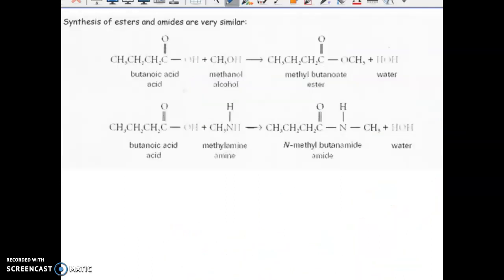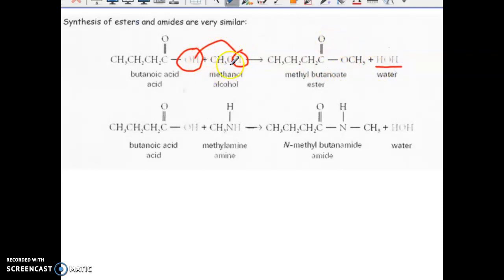Okay, so this is just a comparison of the ester reaction to the amide reaction, just to show you how similar it is. Here you have a carboxylic acid. Here you have the alcohol. Remember, the OH from the acid and the hydrogen on the OH from the alcohol are removed to make water.